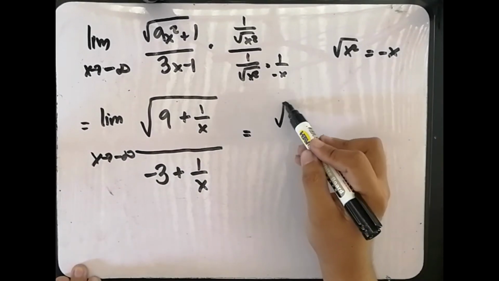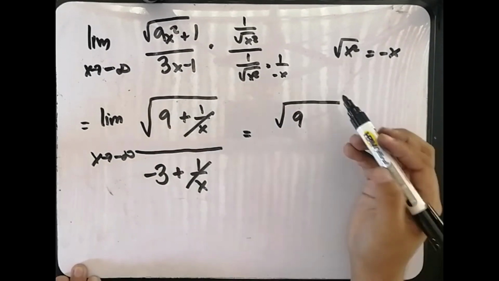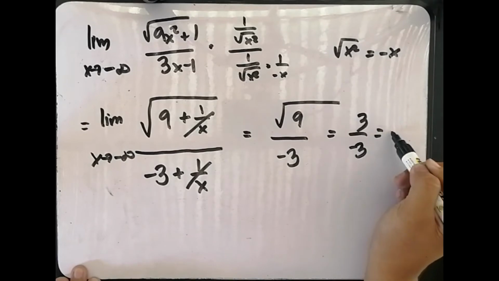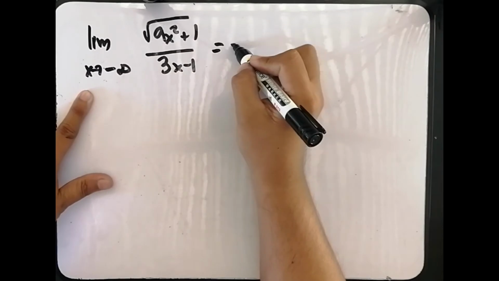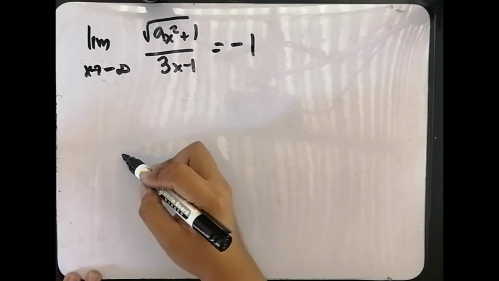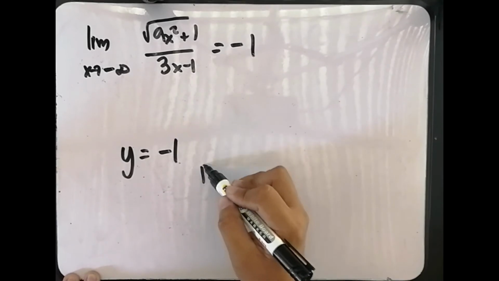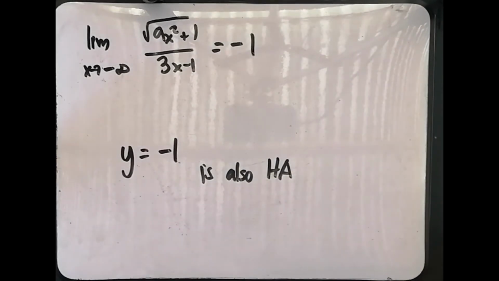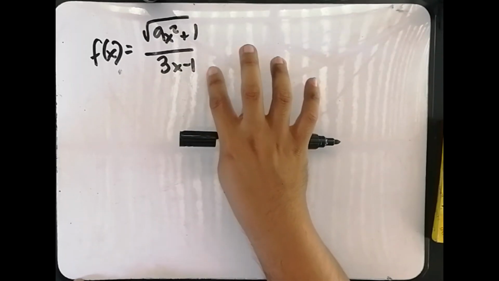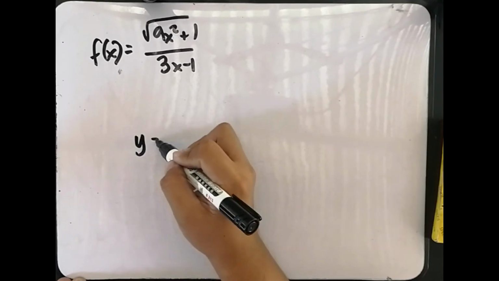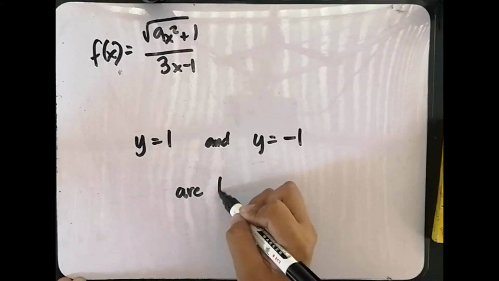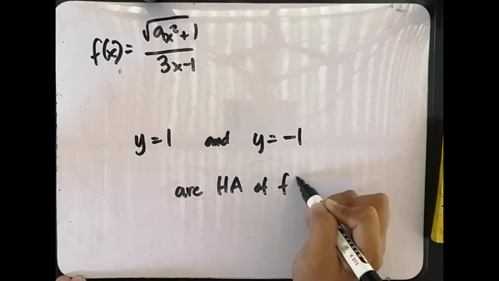By direct substitution, that is square root of 9, since we are sure that the other term is 0, over negative 3, or 3 over negative 3, negative 1. Therefore, the limit of the function as x approaches negative infinity is equal to negative 1, which tells us that y equals negative 1 is also a horizontal asymptote of this function. Therefore, y equals 1 and y equals negative 1 are horizontal asymptotes of f of x.